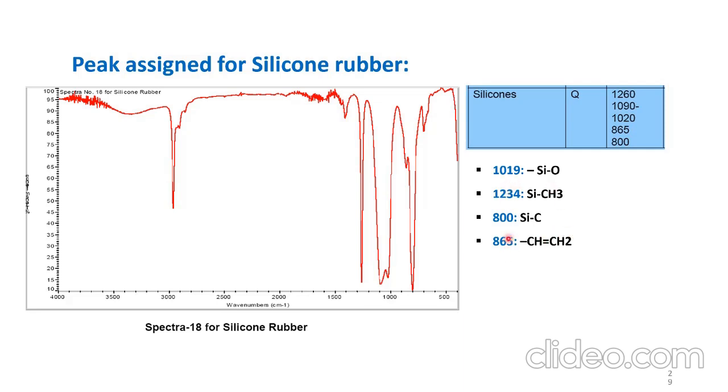These are the peaks which are assigned to the silicone rubber. So in a standard silicone rubber, it has to be there, and there can be other impurities or other things also. So in those cases, other peaks can also be present.